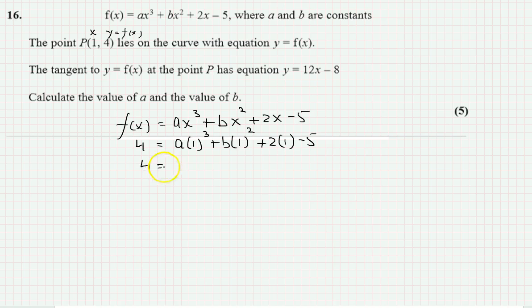So 4 is equal to a, 1 cube is 1, a plus b plus 2 minus 5 is minus 3. So a plus b is equal to 7. So this is our first equation. A plus b is 7.